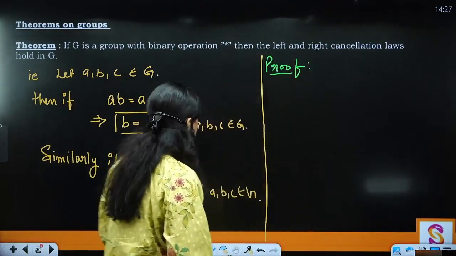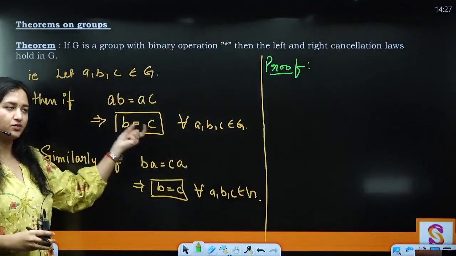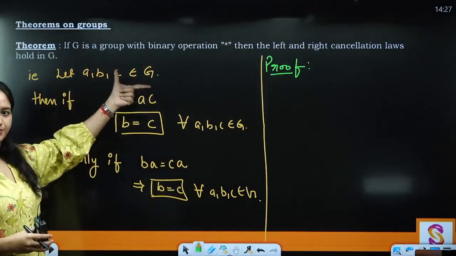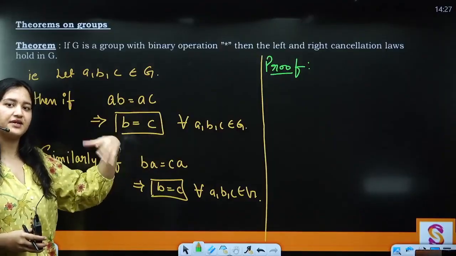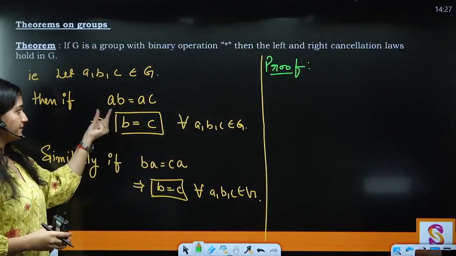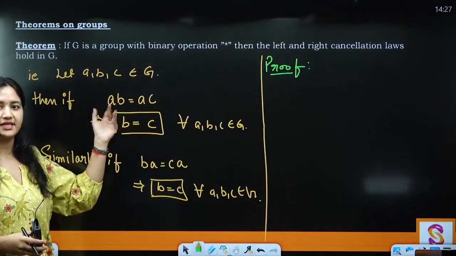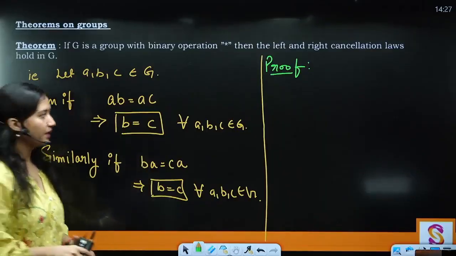What do you have to do? You want only b and only c on these sides, and you want to remove a here, right? Now since G is a group, that means a is an element of the group G. That means it will have an inverse as well. So if I post multiply by a inverse on both sides, a inverse a is going to give me identity, and I'll be left with b is equal to c, right?